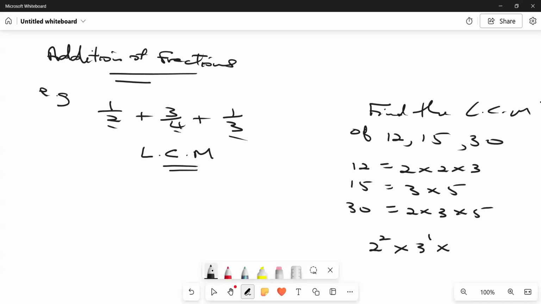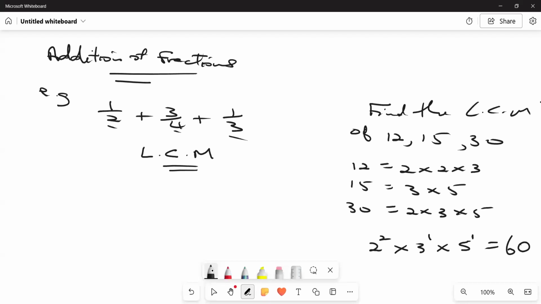Multiplied by 5, the highest power is 1 on the 5. So your answer is going to be what? 2 squared is 4, 4 times 3 is 12, 12 times 5 is how much? 60, right? So that's your LCM.